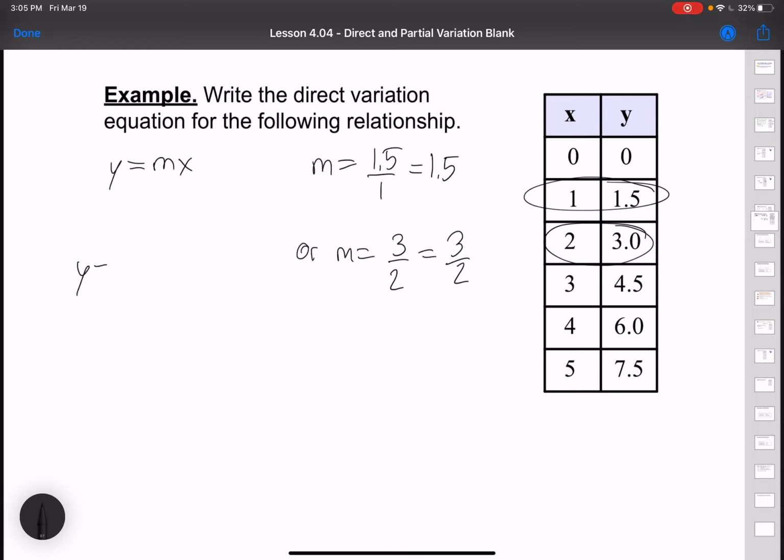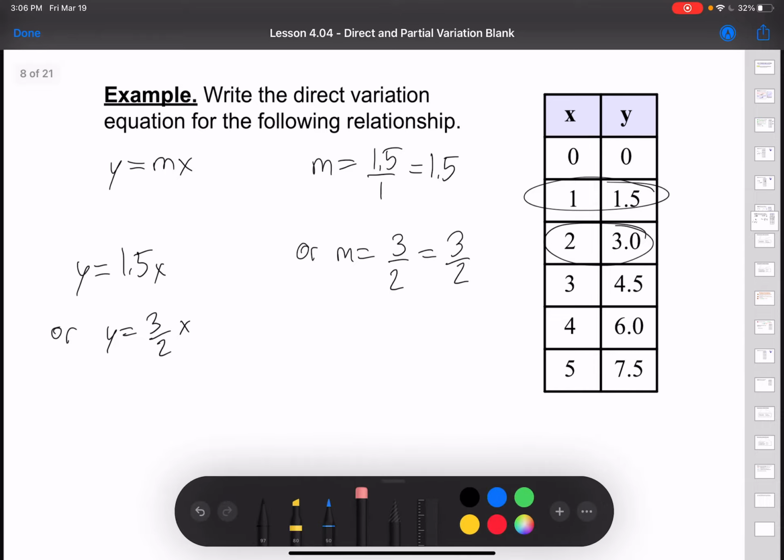And so you could write your equation as either y equals 1.5x or y equals 3 over 2 x. Sometimes it's nicer to have it in fraction form, because then when we're manipulating the equation, we can do things like clear the fraction and such. So that's why sometimes you might see it as 3 over 2 instead of 1.5.